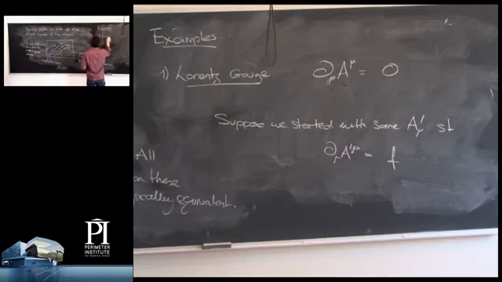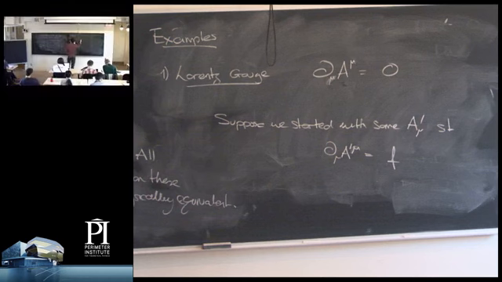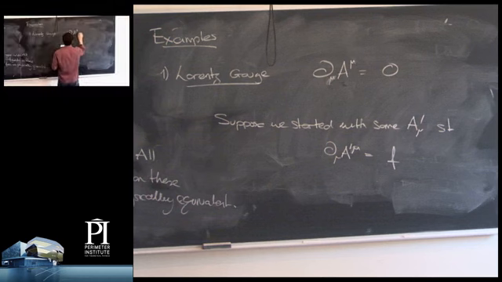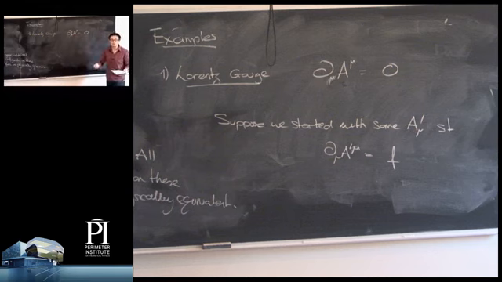The first one is called Lorentz gauge. It's the following choice, that we'll pick a set of orbits along here such that the gauge fields A mu obey the following condition. Okay? Let me just convince you that we can always do this.